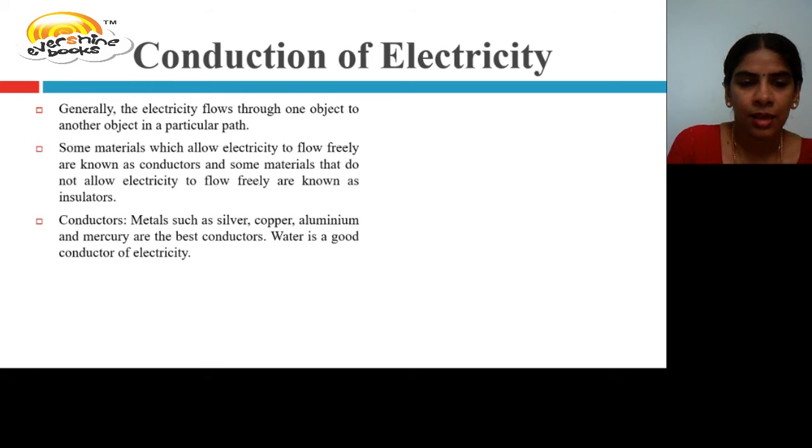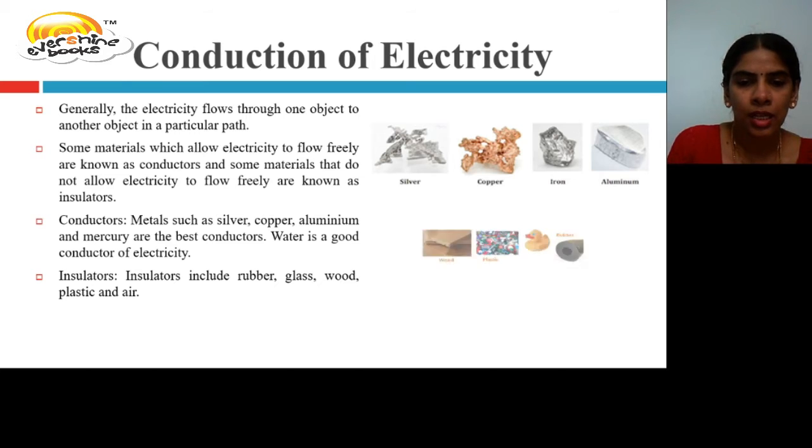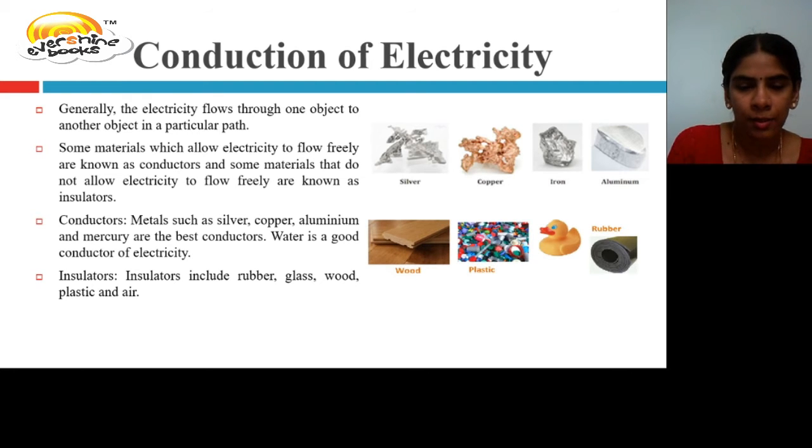Conductors such as metals, especially silver, copper, iron, and aluminium, are the best conductors. Also, water is a good conductor of electricity. Insulators include wood, plastic, rubber, and air.